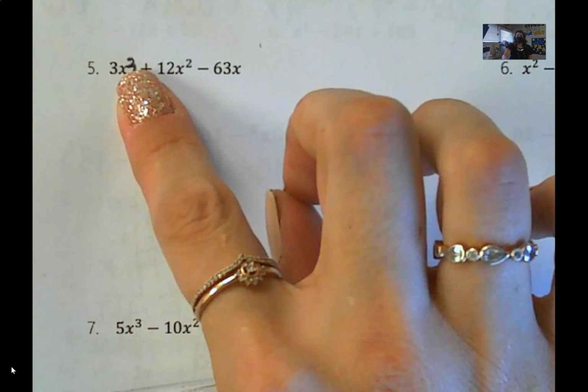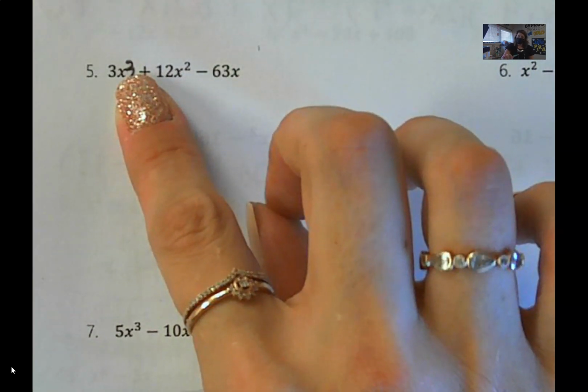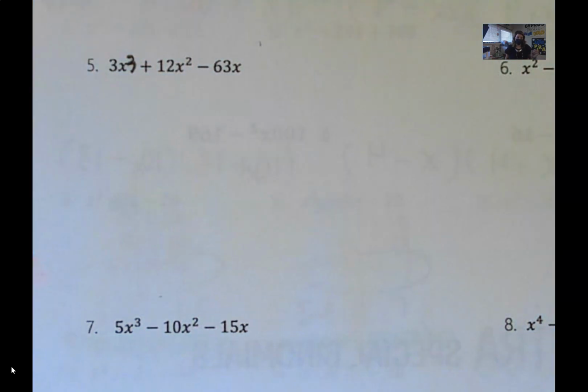That first term should be 3x cubed. So work it all out. Factor out your GCF and then factor it. It's just like number 2.